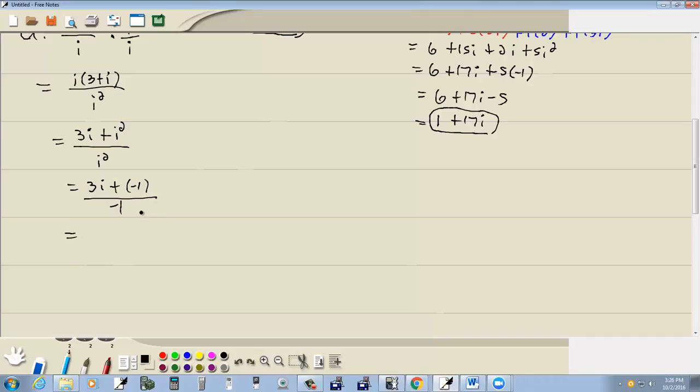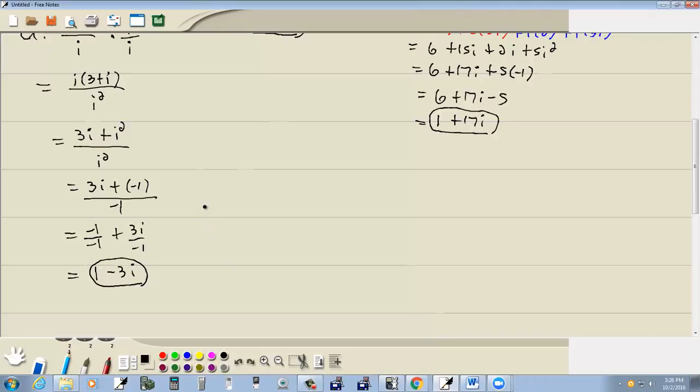Now if I split these into real part and imaginary part, I'm going to have negative 1 over negative 1 plus 3i over negative 1. Negative negative gives us positive, and 3i divided by negative 1 is negative 3i. So our answer will be 1 minus 3i.